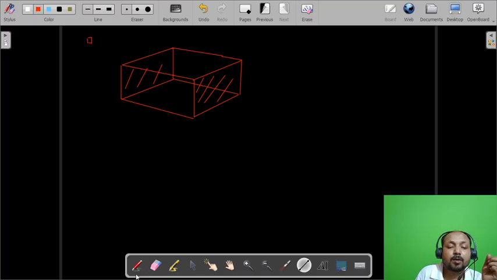Okay, now let's say there is a person who is standing at the center of the room. At the center of the room he is standing at this distance and this distance, both are x.